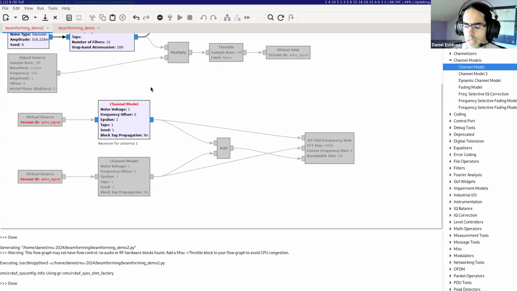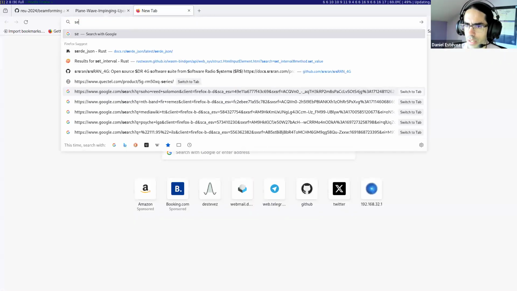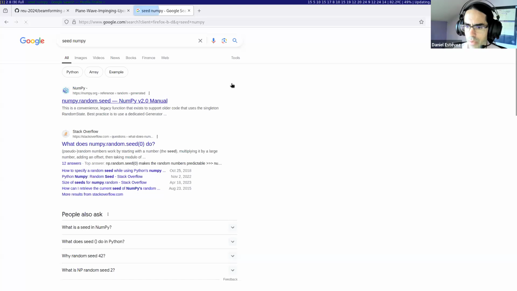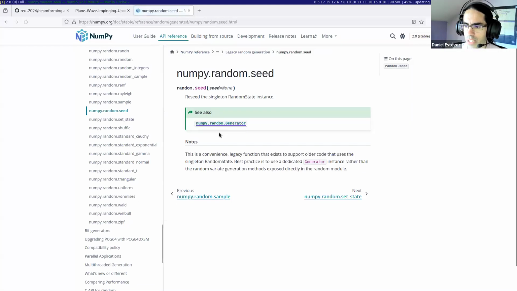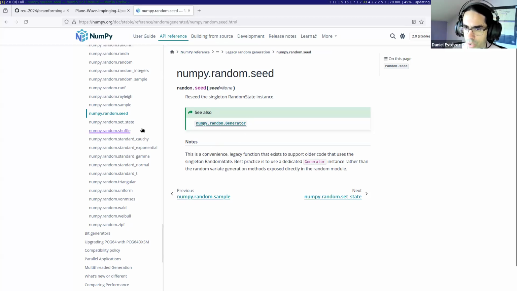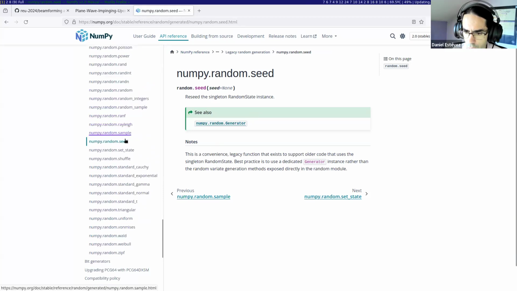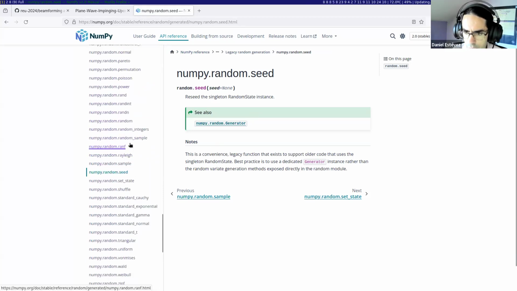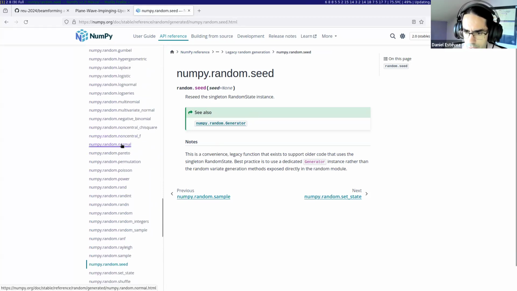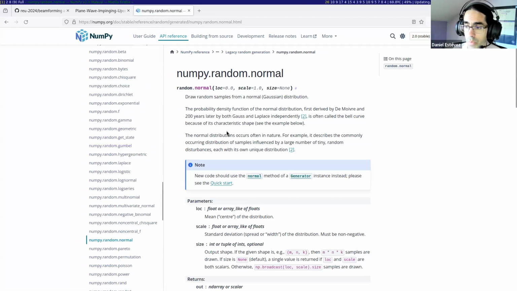So it's more or less, if you imagine Python or NumPy, there is a seed. So imagine that block is C++, but it could be NumPy as well. It's calling this random seed with the seed that you are giving, and then it's calling something to generate the normal samples.